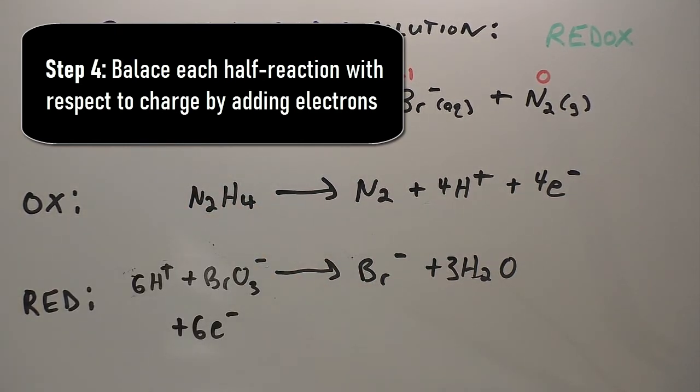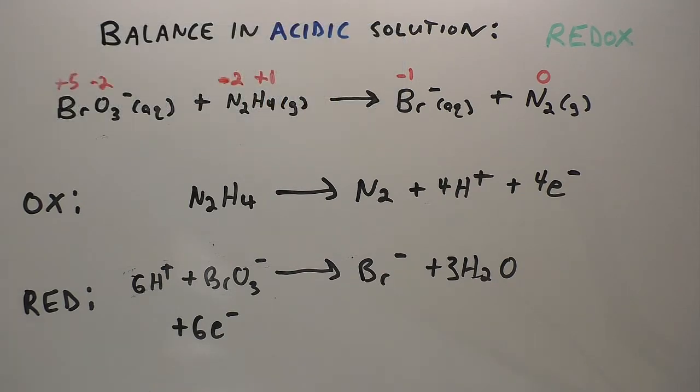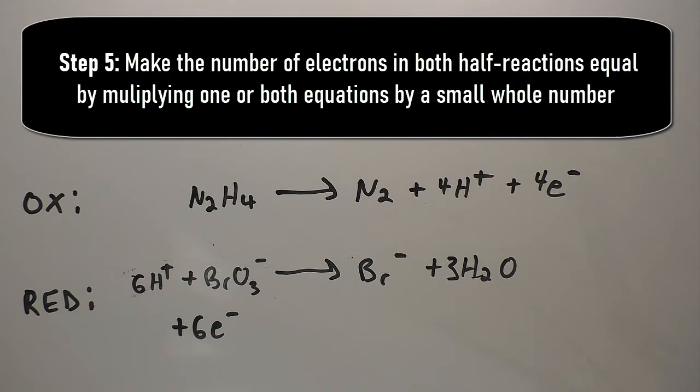Okay, so we have these two half reactions that have been balanced not only with respect to mass, but also with respect to charge. So step 4 is done. Step 5 is to make the number of electrons in both half reactions equal by multiplying one or both of the half reactions by a small whole number.